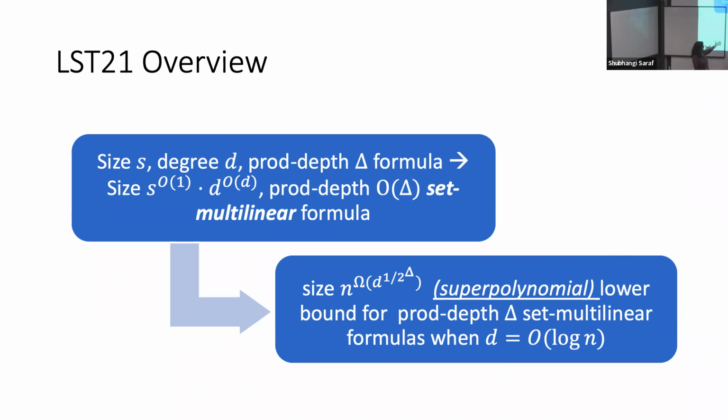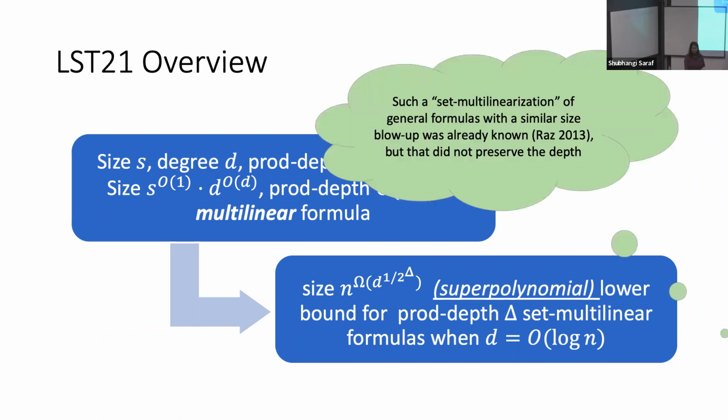So the bulk of their proof is to prove the lower bounds for set multilinear formulas. And it turns out this set multilinearization step, going from general formulas to set multilinear formulas by doing some transformation, is by Raz in a previous work, but not for the constant depth setting.